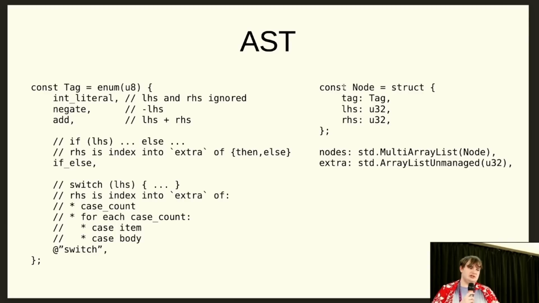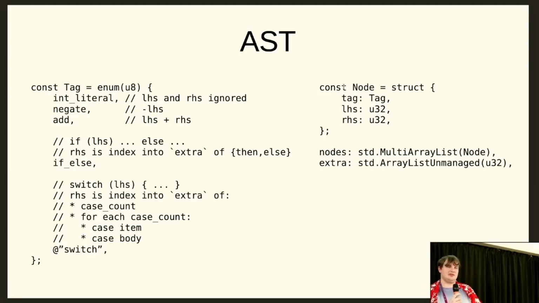So for an integer literal, we have no child nodes. There's no extra data we need. We'll just ignore these fields, LHS and RHS. If you have a negation, LHS is going to be the index in our nodes array of the node that's being negated, so of the single operand. And RHS is just going to be ignored because we only have one operand.